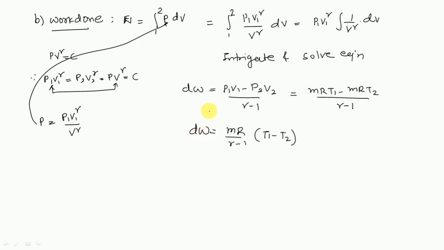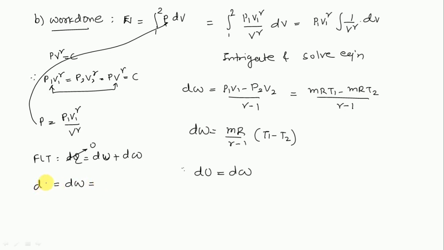Or we can write dQ = dU + dW, because we know the first law of thermodynamics, dQ = dU + dW. But here for the adiabatic process dQ is 0. So I can write dU = -dW.